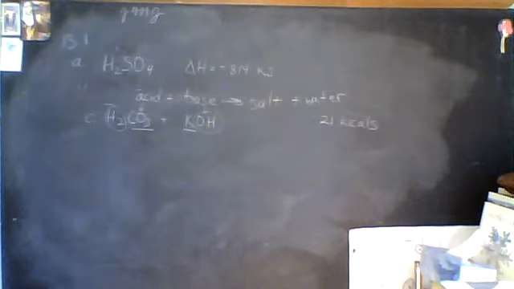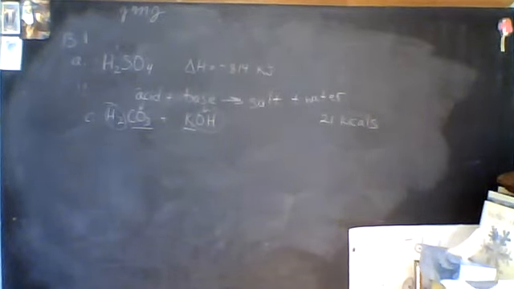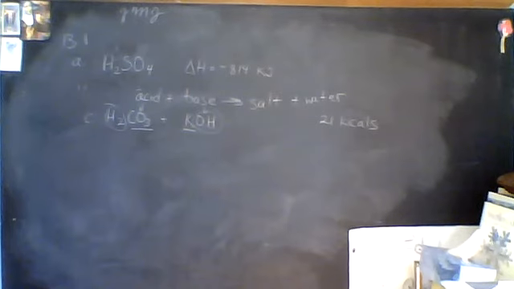Just a minute, hold on. It releases. It doesn't tell us it's positive or negative; we have to figure that out. If it releases 21 kilocalories, is it positive or negative? It's exothermic, releasing energy, so it's negative. So it's actually a product.